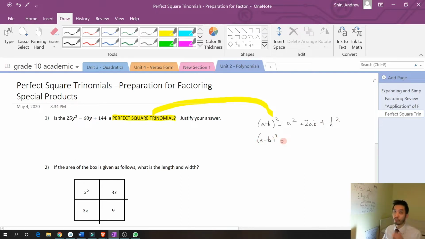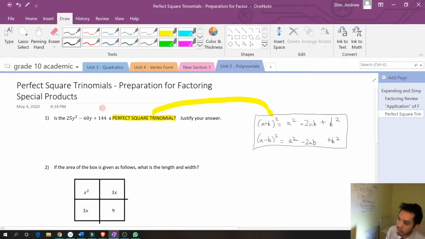So if you multiply two binomials that are identical, again, it's the first term you square, the last term you square, and you double the two terms on the inside. So b times negative b, a times negative b, which would be negative, doubling them. So negative 2ab will be your perfect square trinomial. So both these two expressions on the right-hand side are trinomials, perfect square trinomials.